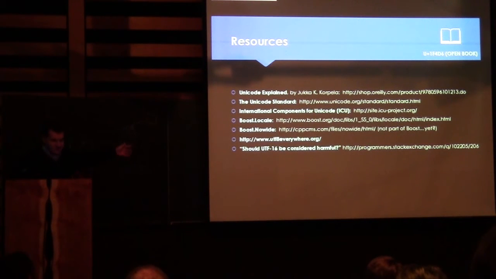You can find the Boost locale library. Boost nowide is not a Boost library yet. I saw it's in the review queue, but there's no review manager. Basically it's a library to make working with Visual C++ and Windows platforms easier, since most of Windows uses UTF-16.